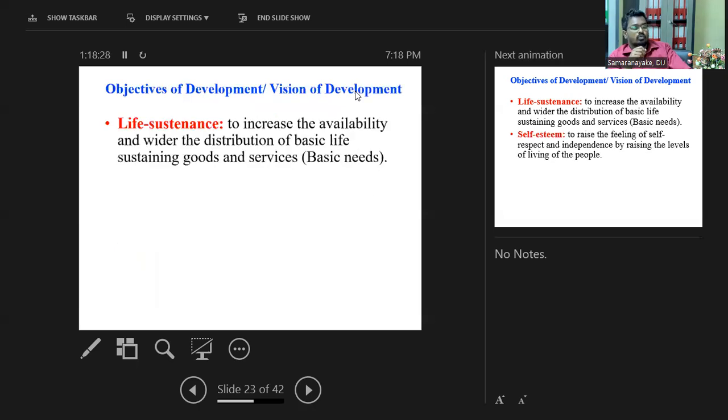Now, when it comes to objectives of development, or what we call the vision of development, we have a few important factors that we will highlight. This is one very popular way of stating the objectives or vision of development. First we start with life sustenance. What does life sustenance mean here?